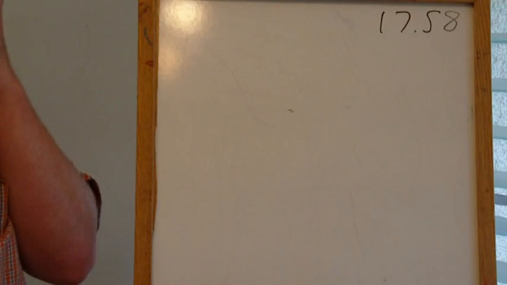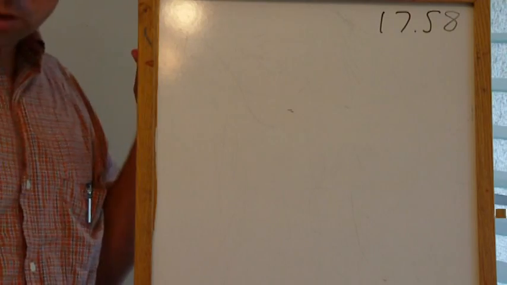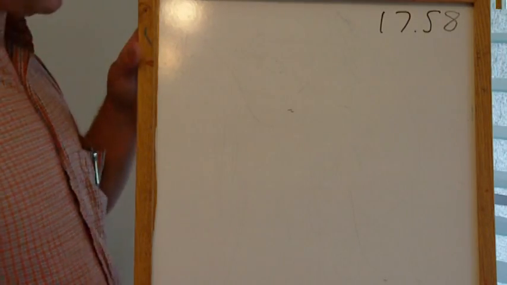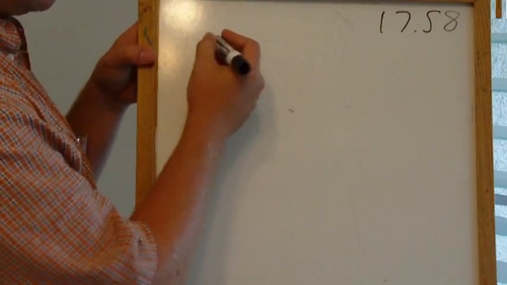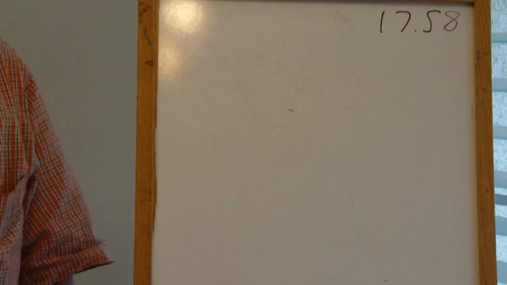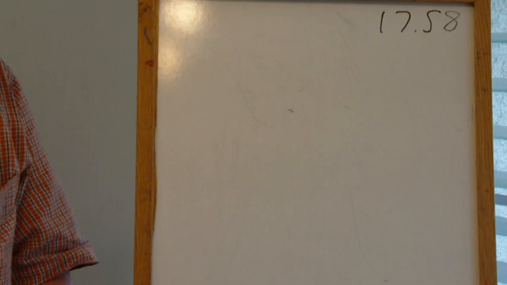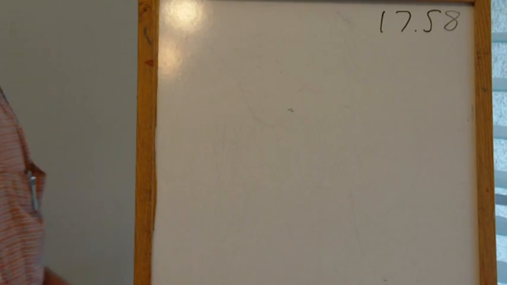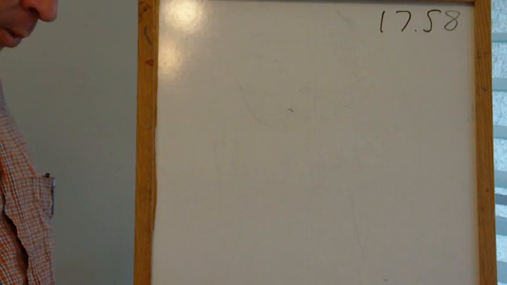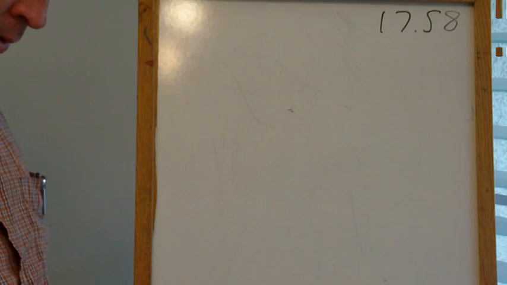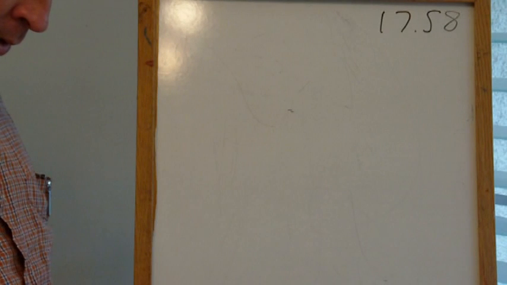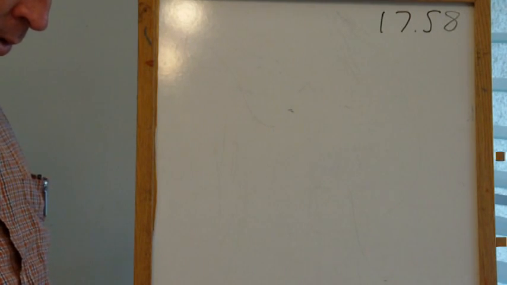Okay, so problem 758. A solution was prepared with 2.64 micrograms of barium hydroxide. So for barium hydroxide, we have to find the molar mass. Barium is 137.33. So 137.33 plus 16 plus 16 plus 2.002.